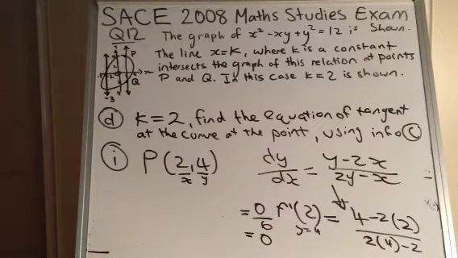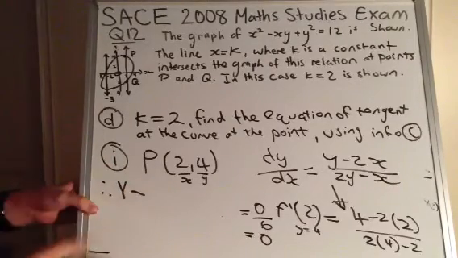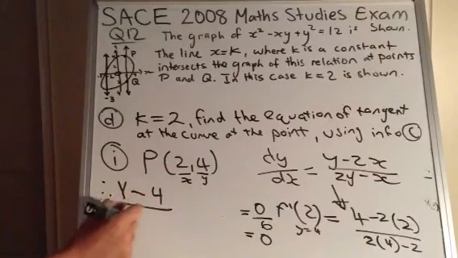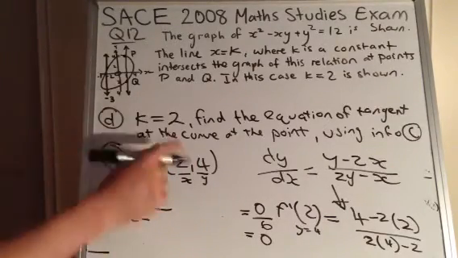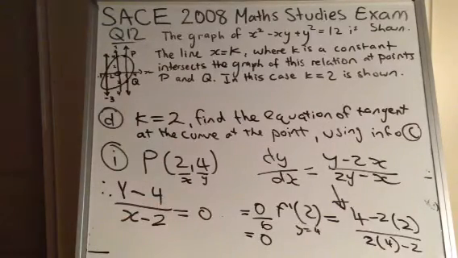So therefore, if we look at the equation of our tangent, we have y subtract the y coordinate, and the y coordinate is 4, over x subtract the x coordinate, and x coordinate is 2, and that equals 0. Now we want to get this into y equals mx plus c form, where y is obviously our input, m is the slope, x is our input value, and c is our y-intercept.